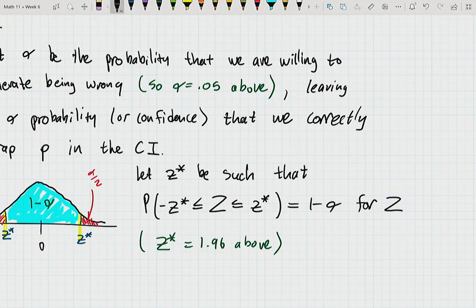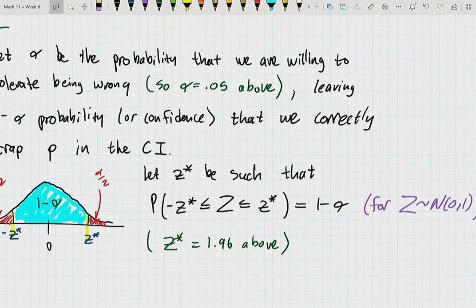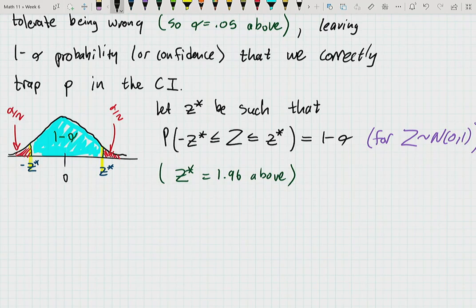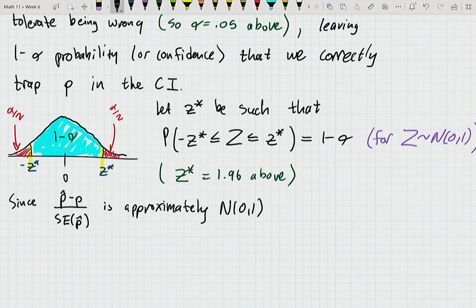Okay, so having chosen z star, since p hat minus p over the standard error of p hat is approximately a standard normal, we have, okay, you guys like this part.